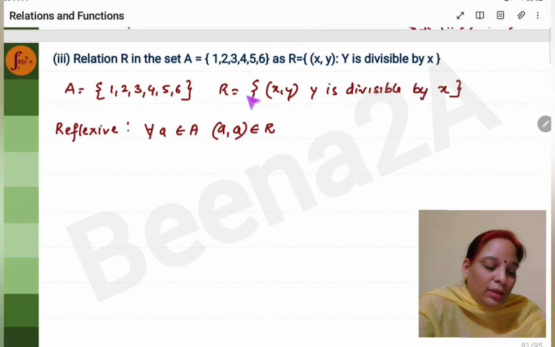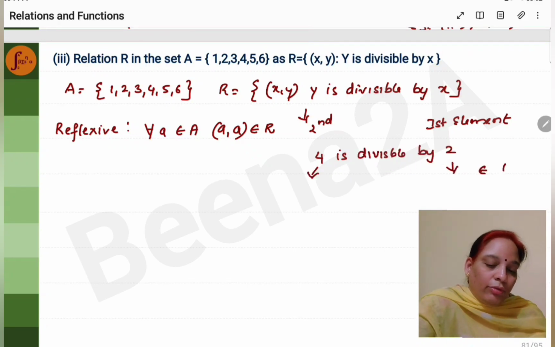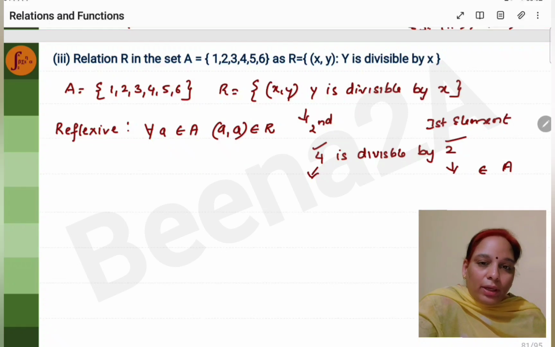So basically, R has all ordered pairs where y, that is second element, is divisible by first element. So for example, you can say 4 is divisible by 2. And 4 and 2 both should belong to A, right? Set A. The elements, the second element and the first element should belong to set A.